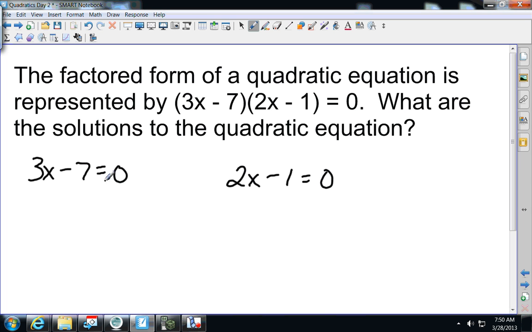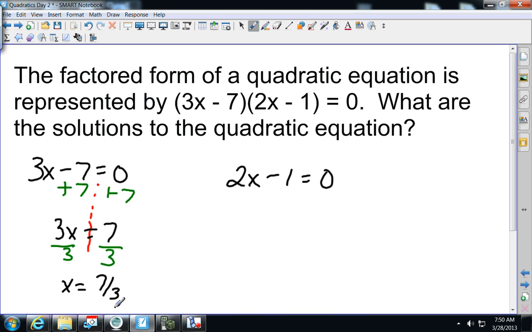So what we're supposed to be doing right here on the first one, you will add 7 to each side. You get 3x equals 7. We'll divide by 3. X equals 7/3. That's one of your solutions.